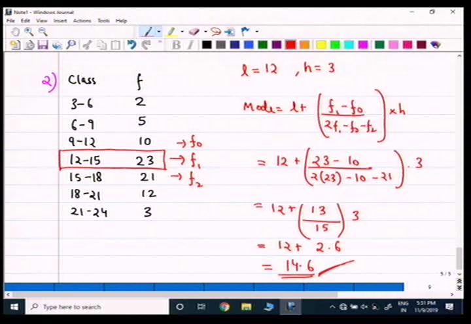Okay, now can you tell me what is the relation between the mean, mode and median of the same data?